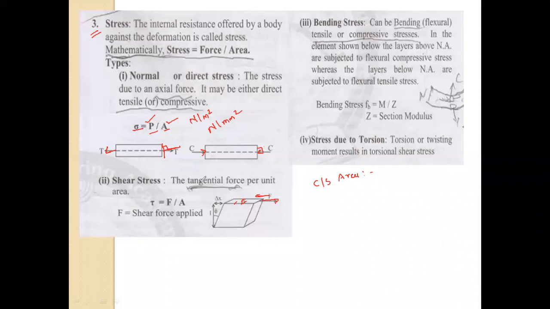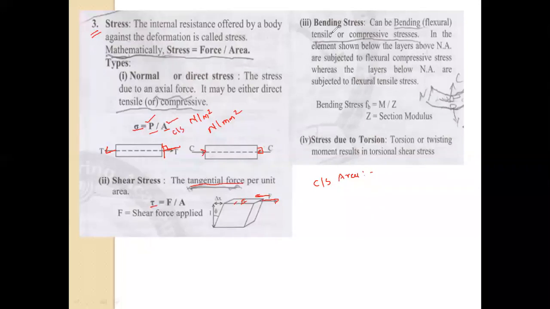So this is called shear stress. Please remember, here the force is tangential. Shear stress is denoted by tau. So tau equals force upon area. The formula is the same, but the area is different. In normal or direct stress, the area is cross-sectional area, and in shear stress, the area is tangential area, and F is nothing but the applied force.